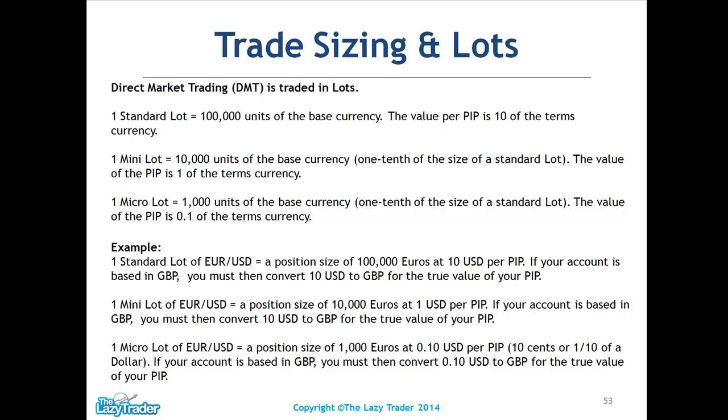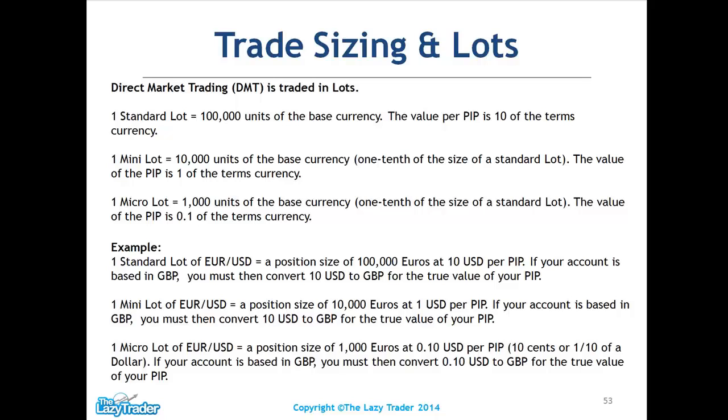The value of the pip is in terms of the terms currency, or the quote, which is the currency on the right of the pair. So one standard lot of GBP / USD, you'd be trading 100,000 units of sterling, and your pip would be $10 of US dollars, because that's the currency on the right.